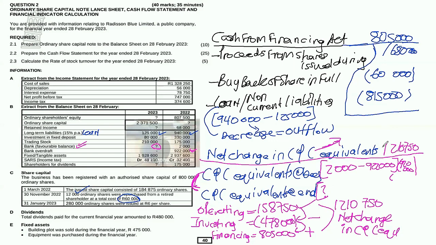So you will take this 1 million, you subtract your 920,000. So now our balance at the end will be 290,750. So now you have your total cash flow completed as an easy topic.